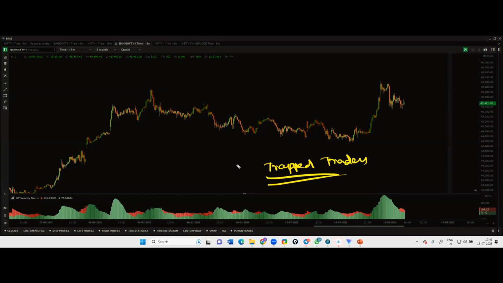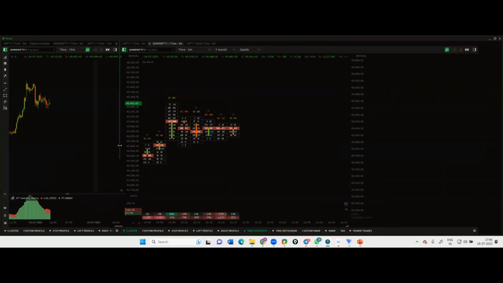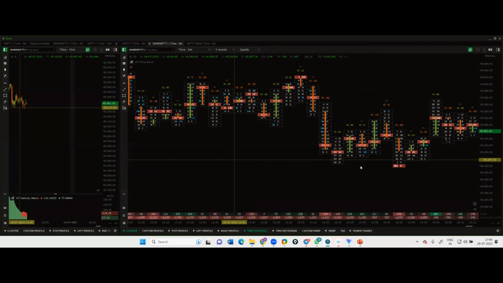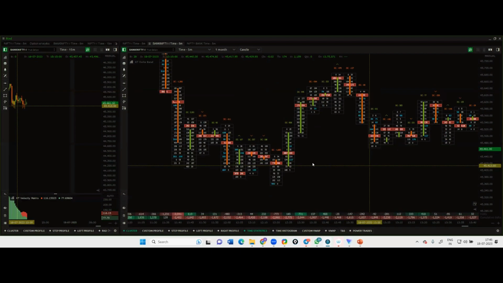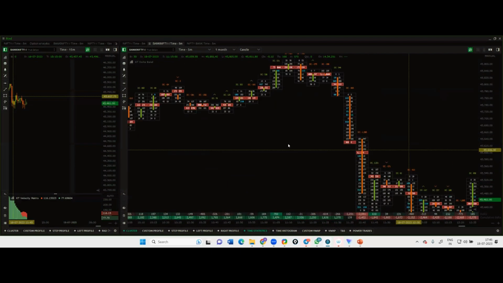A lot of order flow and volume profile practitioners have the habit of using something called delta. And more often than not, the bias is that the way of using delta is that, for example, if I open an order flow chart, you look for a large number in delta or cumulative delta.